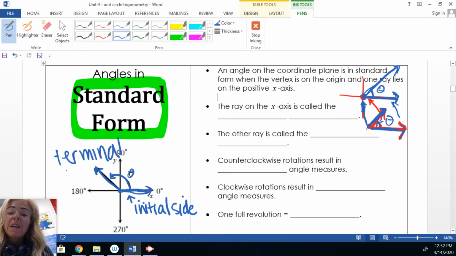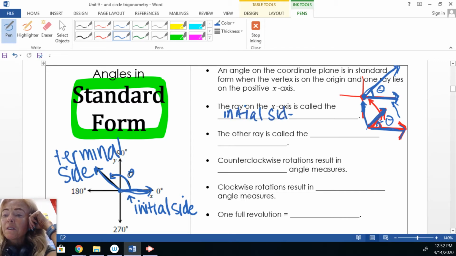Terminal means end, and so that's why it's called the terminal side. It ends the angle measure and stops the angle from adding more degrees. So the ray on the x-axis is called the initial side, and the other ray is called the terminal side.